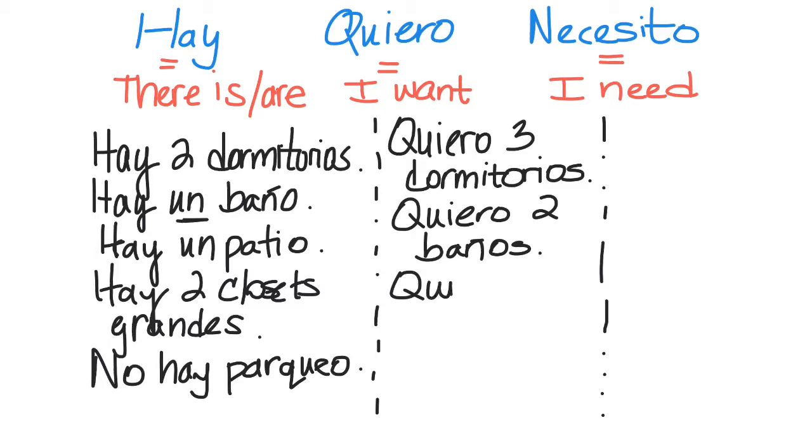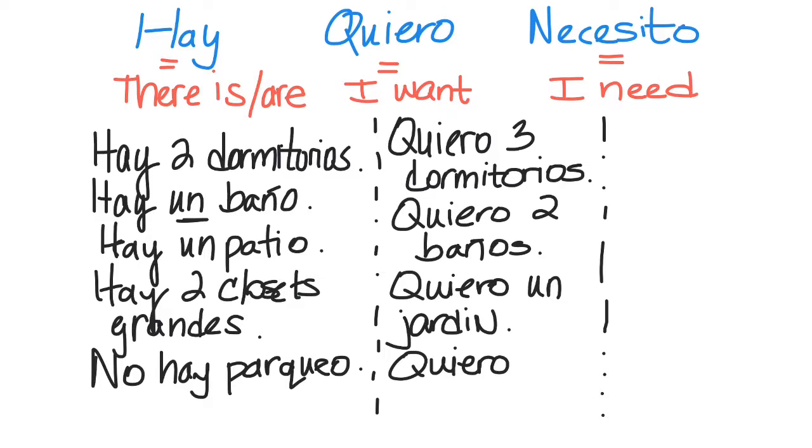Quiero un jardín. I live in Mexico, so this is so hard to find, a house with a yard. Y quiero una cocina moderna. I want a modern kitchen.